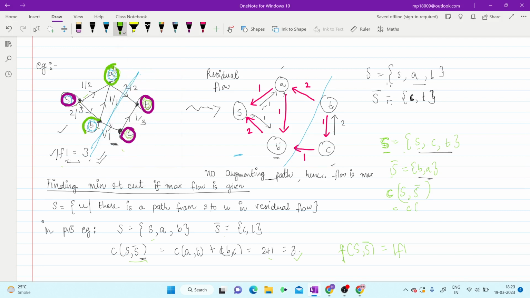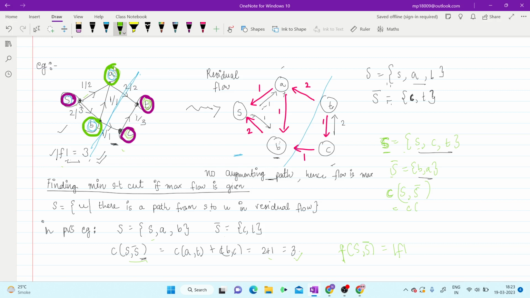Ma'am, one doubt. There is no direct edge between S and C and S and T. How can we take that in the same partition? So it is not necessary.